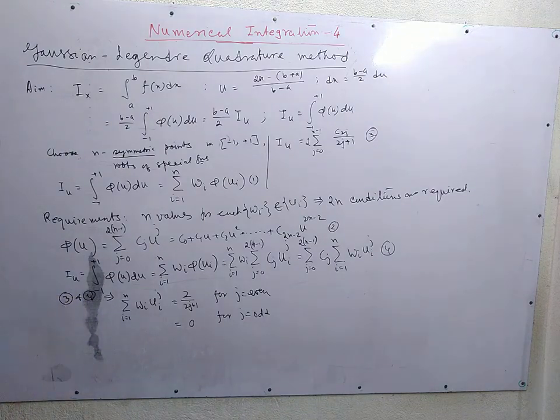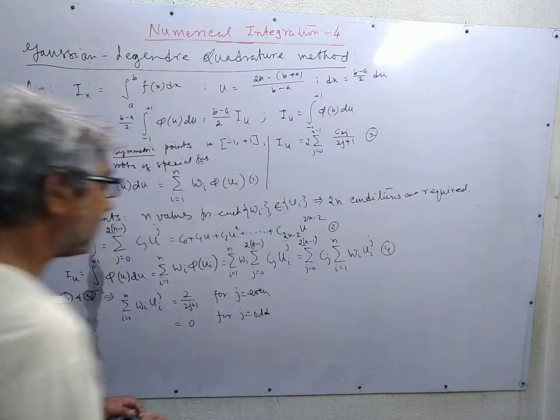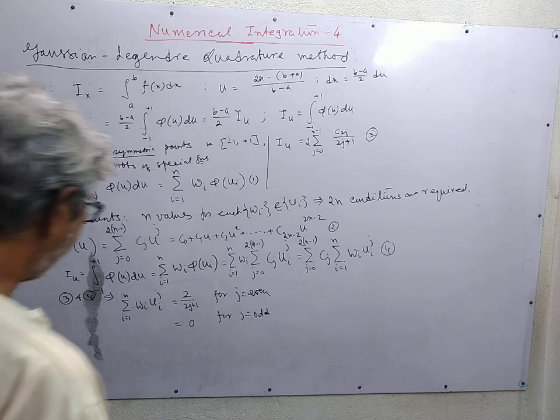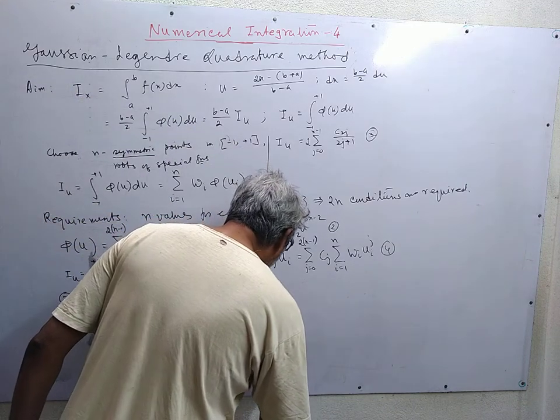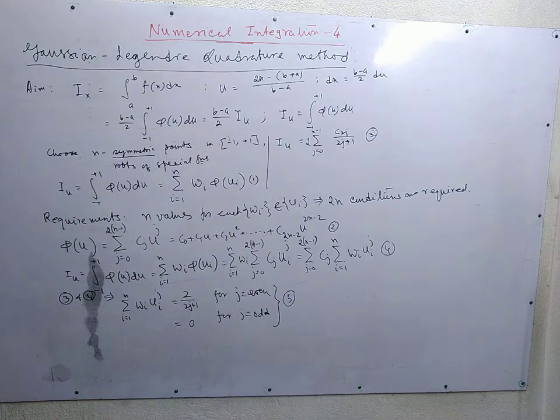So this is the basic equation which allows us to determine n points and the n corresponding weight factors. These 2n equations enable us to determine u's and w's unambiguously. This is the basic theory behind Gaussian quadrature.